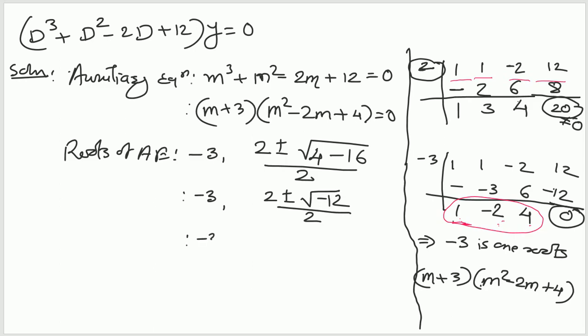We can take 4 common, so we get 2 plus or minus 2 under root -3, that is 3 times i, divided by 2. So the roots are -3, and 1 plus or minus i root 3. So now we got complex roots.